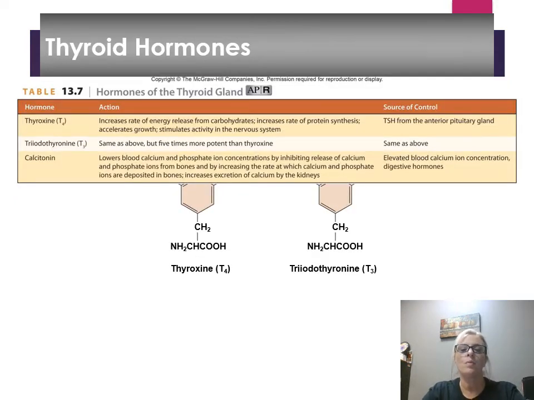So thyroid hormones are directly tied to our metabolism. T3 and T4 affect those metabolic rates. These help regulate metabolism of carbohydrates, lipids, and proteins. They help increase the rate of energy released from carbohydrates, the rate of protein synthesis, and the breakdown of lipids.